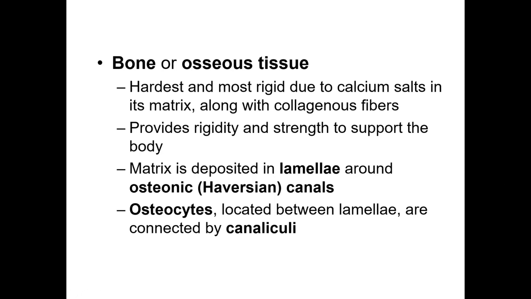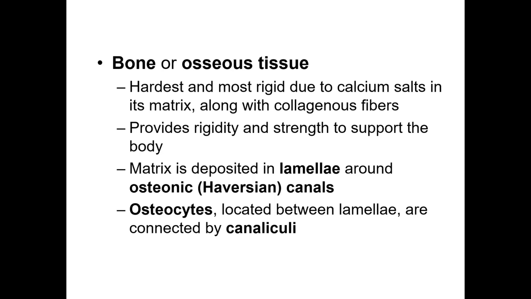Then we have bone. Bone is a connective tissue. It is the hardest and most rigid because it has calcium salts in its matrix. It also has collagen, because although our bones are hard, they also give a little bit, right? Hopefully, if you jump, your bones don't shatter.